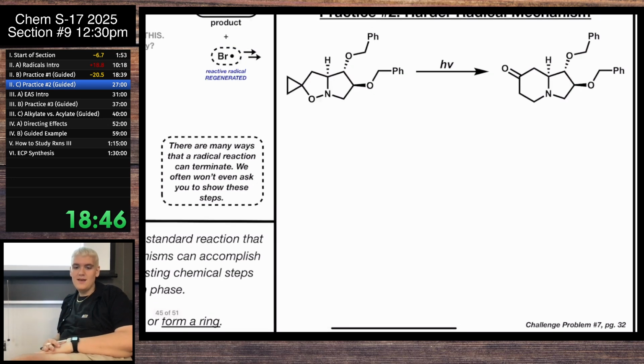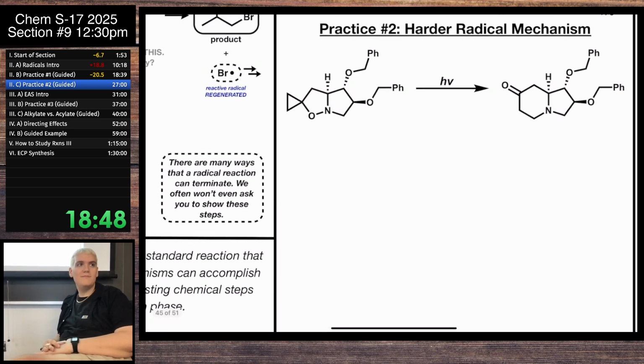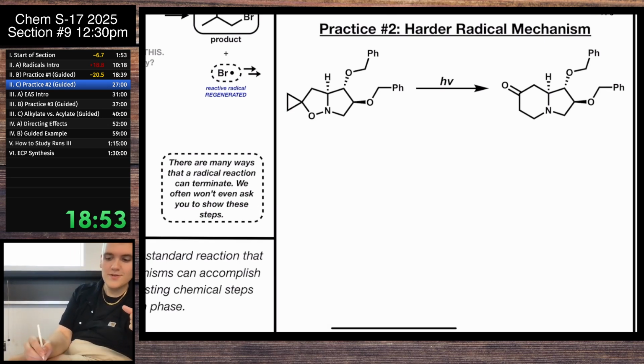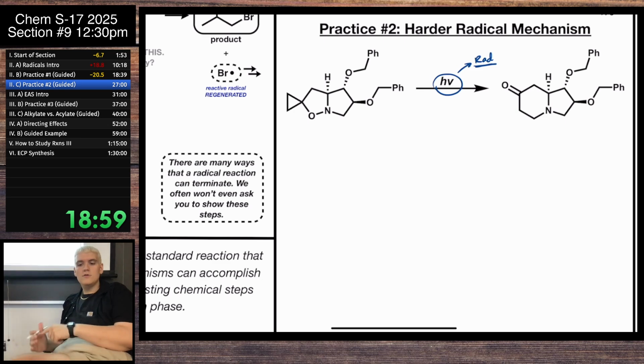So, how do we know that this is radicals, other than me putting it in the radical section? hv, this is our UV light, so this is our tip-off of radicals. Now, we don't have ROOR anywhere, right? So what is going to be our bond that's going to split homolytically?